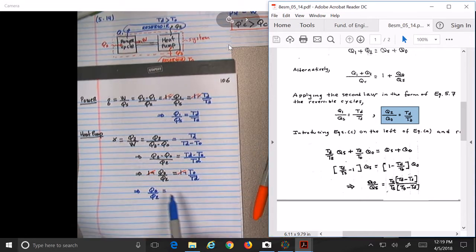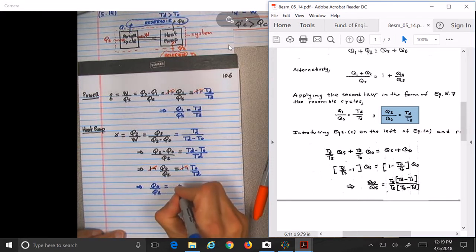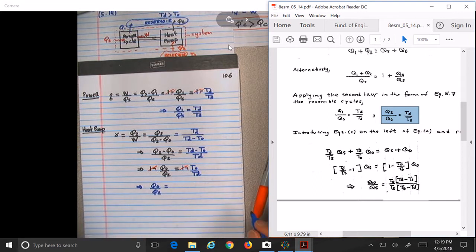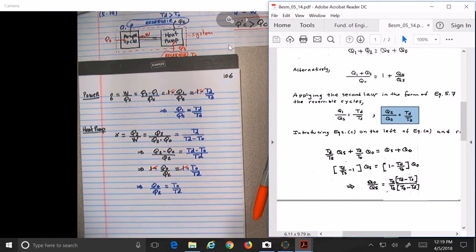Okay, so let's not follow what they do on the solutions. Let's be coherent with what we do. So it will be Q naught over Q2 equal to T naught over TD. Okay.